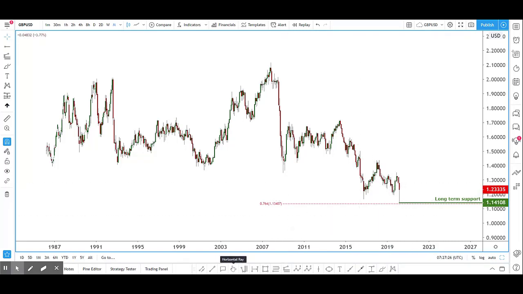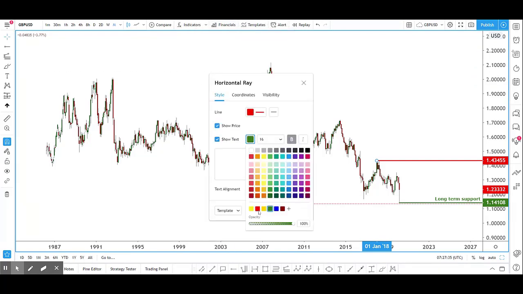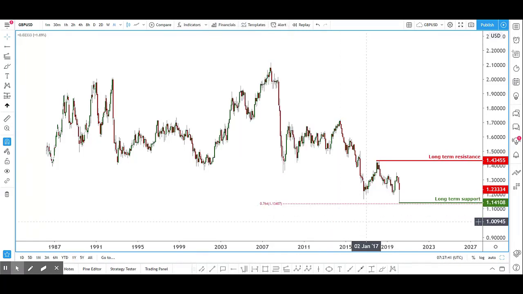And now we look for a long-term resistance. Graphically speaking, there's a level here. We can call this our long-term resistance. And we just want the same thing. We want to find any Fibonacci ratios that are in line with this level to give further strength and confluence to this long-term resistance.